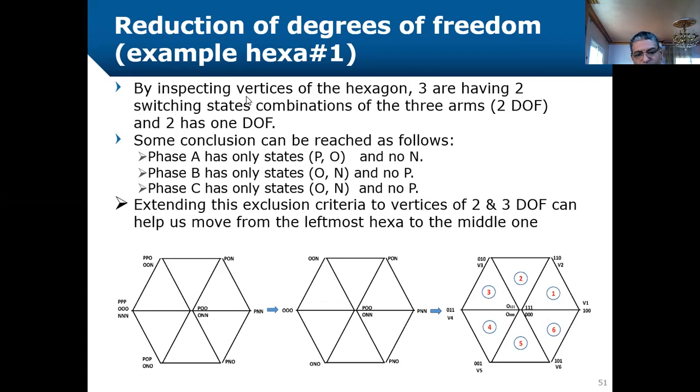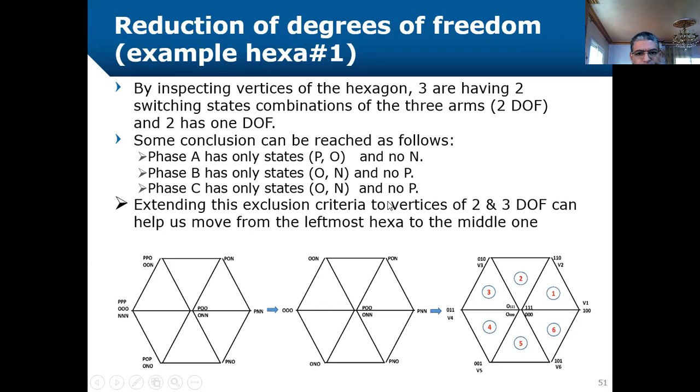Only the center point, which we used as a zero vector in two level. Now it's not actually a zero vector, but it's an active vector, because as you see, BOO is not BBB or NNN or OOO. These are active vectors. But anyway, what we applied in the case of two level can be applied equally here.